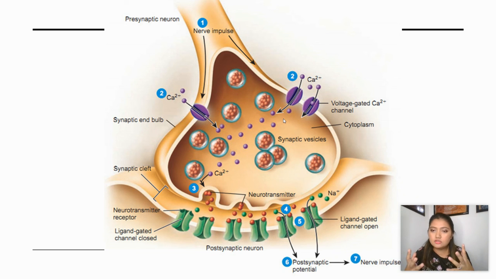So all of these work hand in hand together to elicit a response, and depending on what molecules are involved, we get a stronger response if we have, for example, NGF involved.